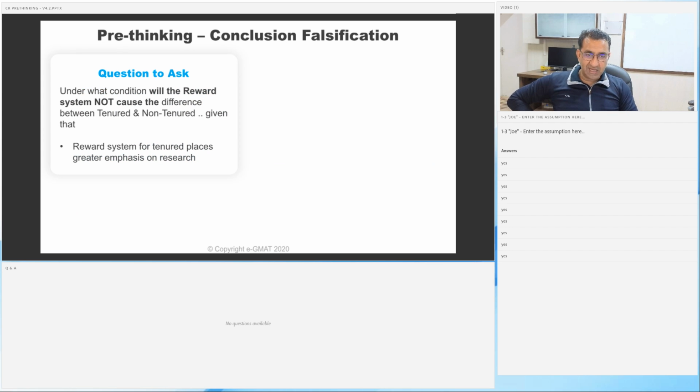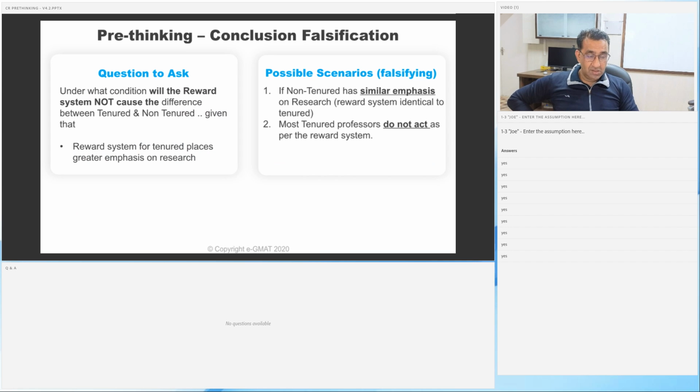Okay. So in what scenarios can we not blame the reward system? The first scenario is if the other side has an identical reward system, if lecturers have an identical reward system to professors, if their reward system also places a greater emphasis on research than on teaching, then we can't blame the reward system, correct? Also, if most tenured faculty does not act as per the reward system, so yes, you have a reward system, but then a survey says a majority of them don't care about what the reward system is.